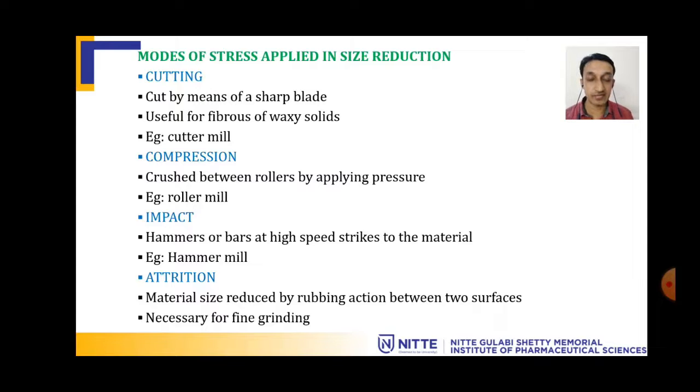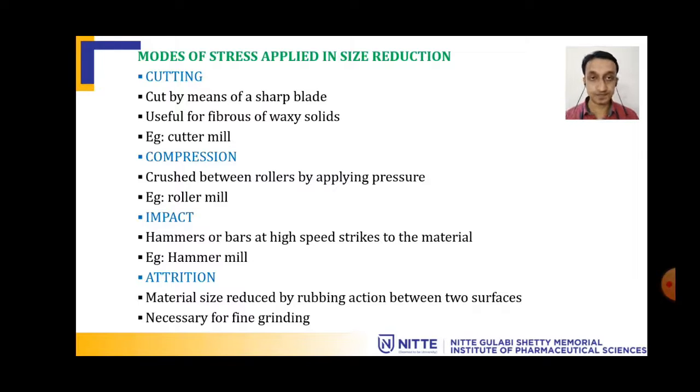If we take the example of crude drugs like dry ginger, which are very fibrous in nature, you cannot size reduce them by any mechanism other than cutting. And again, waxy materials also cannot be size reduced by heating or other means. They should be cut into pieces. An example is the cutter mill, which works on the principle of cutting.